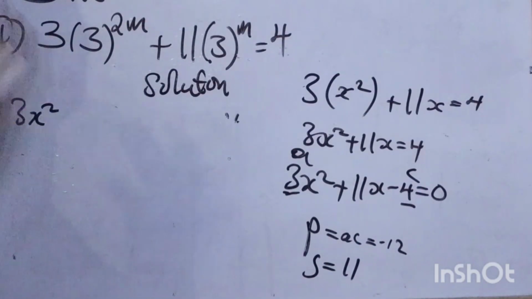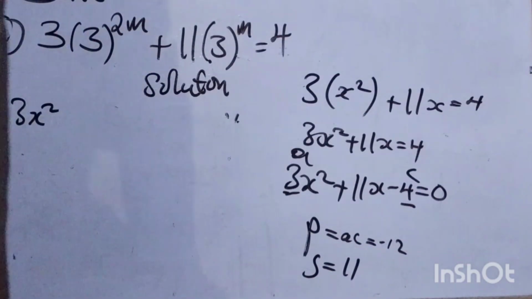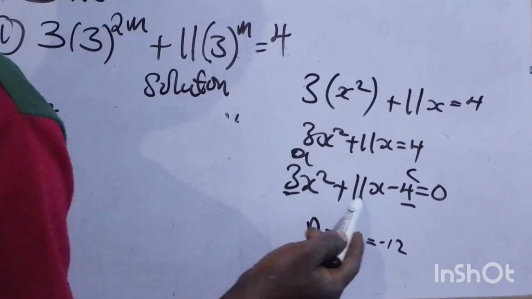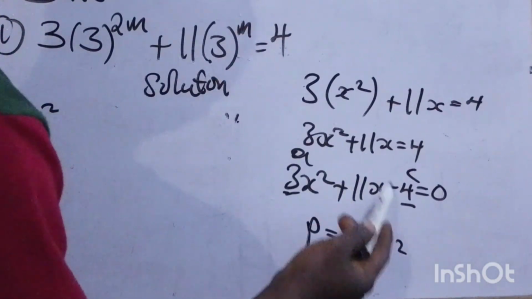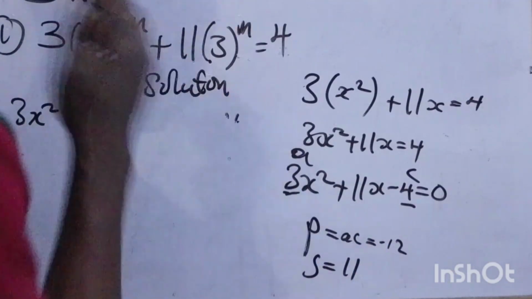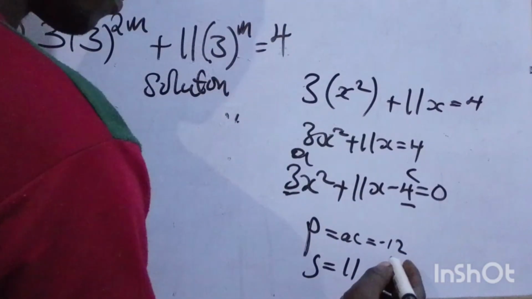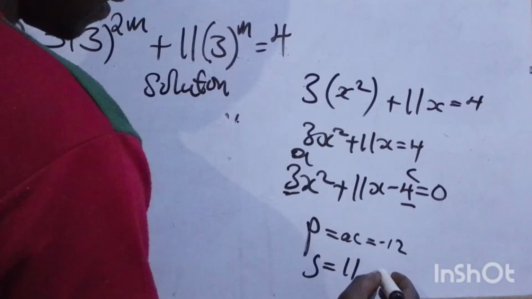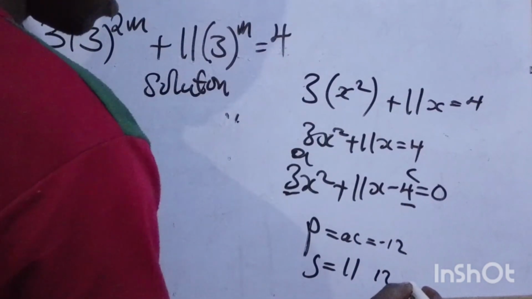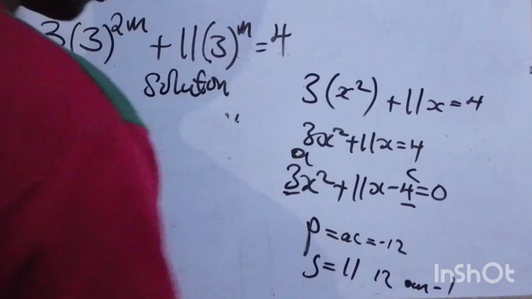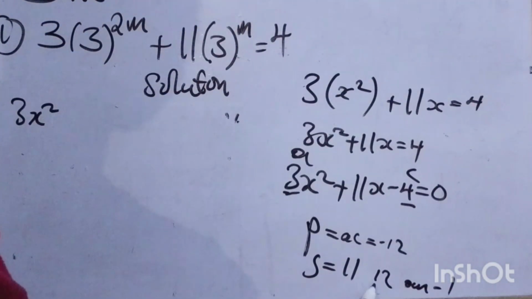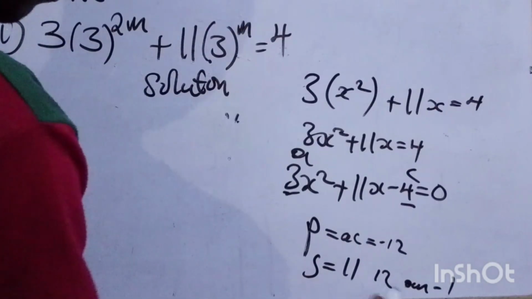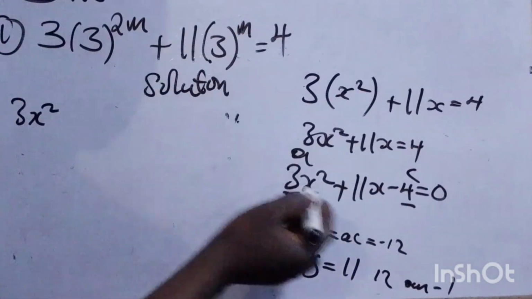So we are going to look for two numbers which when you multiply give us negative 12, and when you add give 11. Those numbers are 12 and minus 1, because 12 times negative 1 gives minus 12, and 12 minus 1 gives 11.